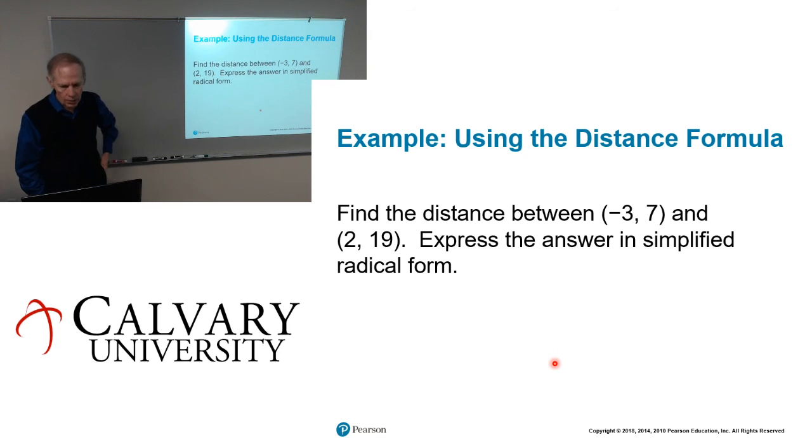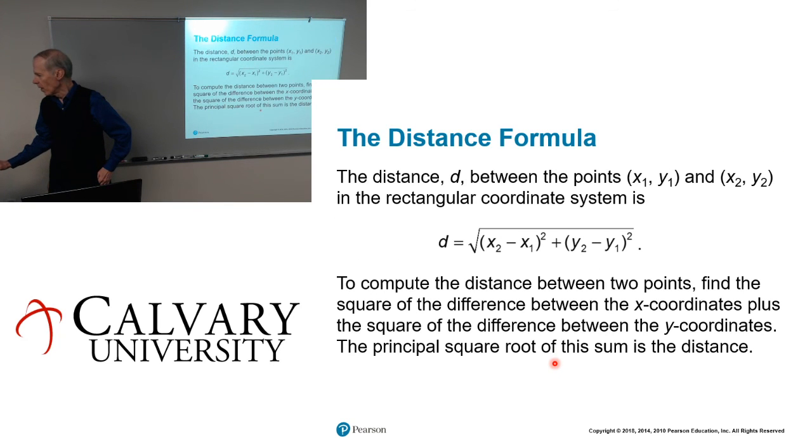So why don't you write those 2 points down, -3, 7 and 2, 19, and then I'll put back up here again the distance formula. So 2, 19 was the second one, and the first one was -3, 7. Find the distance between those 2 points.